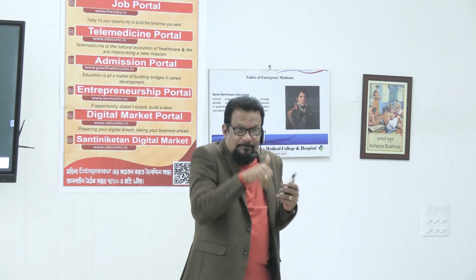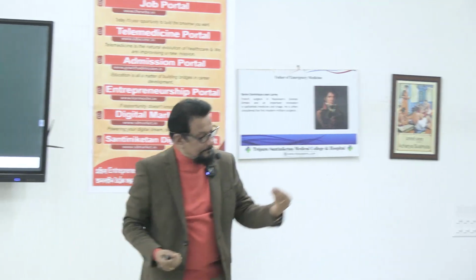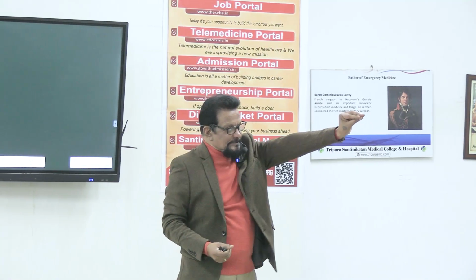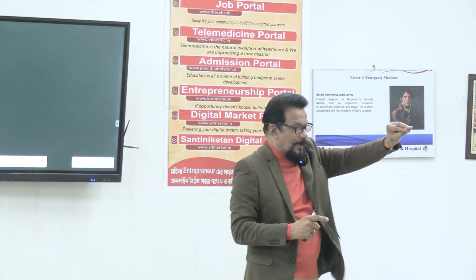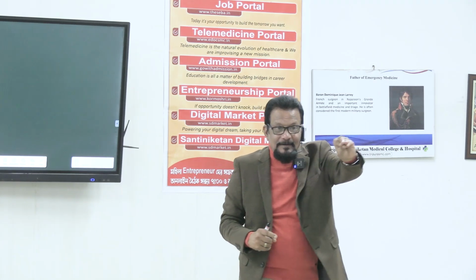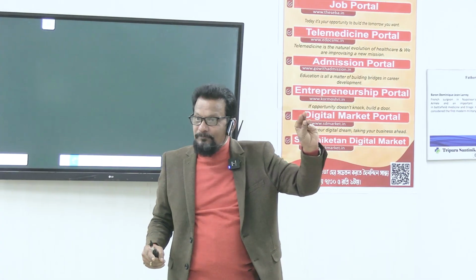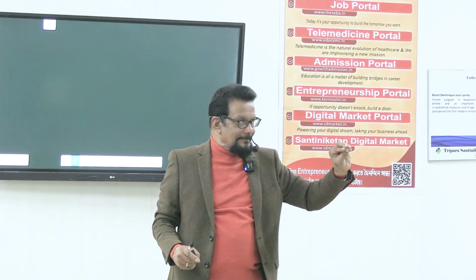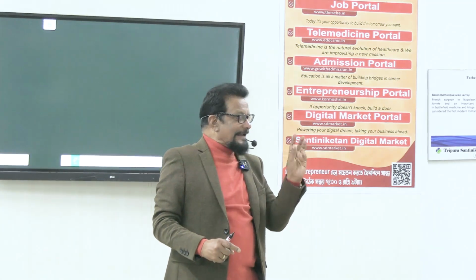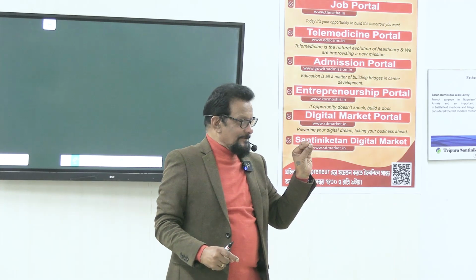When this complex is formed, at the center, what is there? Suppose this is the receptor, my hand. How many fingers are there? Five, isn't it? So these receptors are made up of 5 subunits: 2 alpha, 1 beta, 1 gamma and 1 delta.